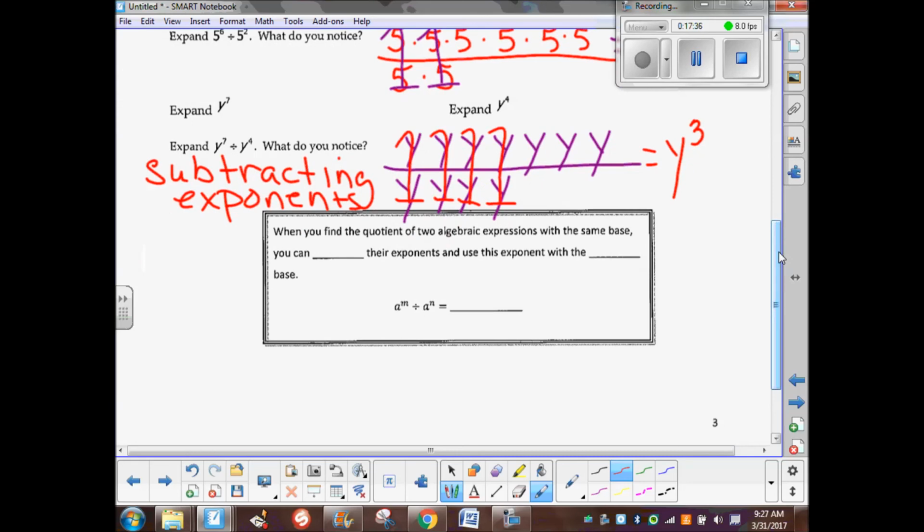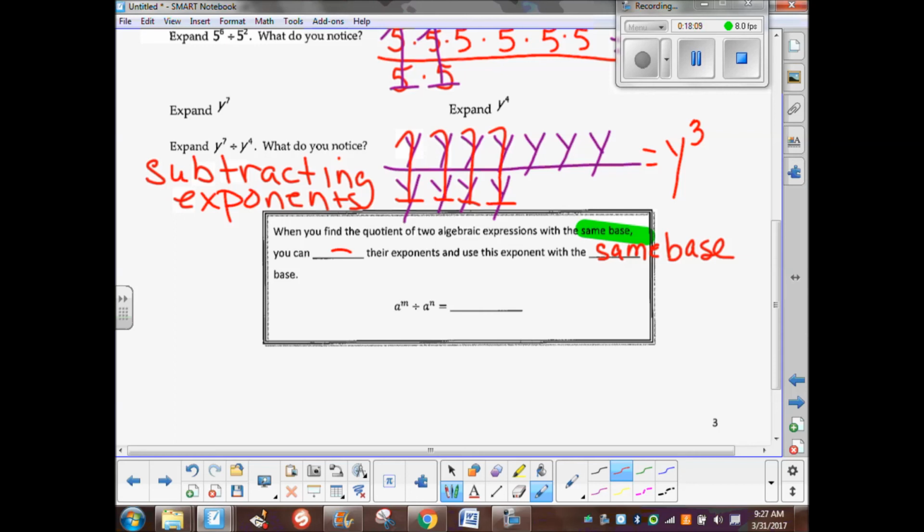When you find the quotient of two algebraic expressions with the same base, you can subtract their exponents and use this exponent with the common base. Same base. So, in general, a to the m divided by a to the n is what?